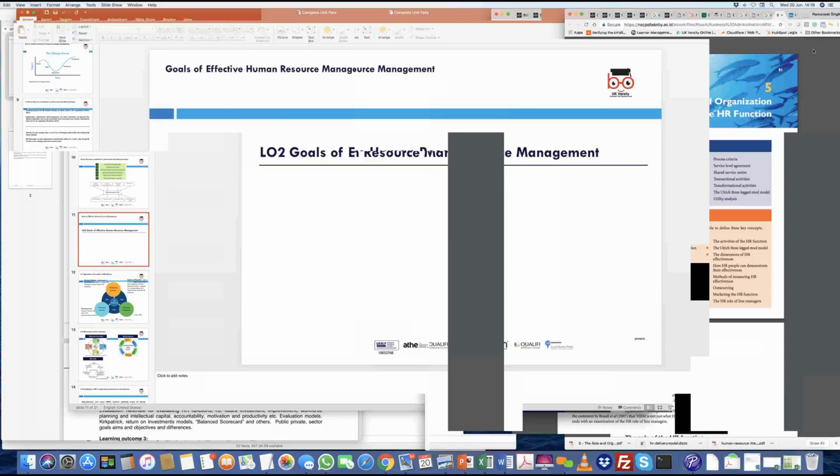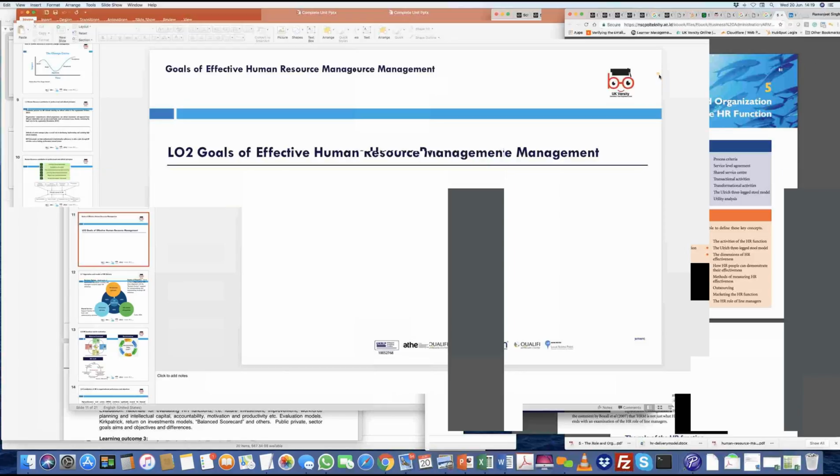Now, let's look at the role of HR as an independent department within the organization. Sometimes when you look at the role of HR, there are a few terms you hear about, like HR needs to show leadership.